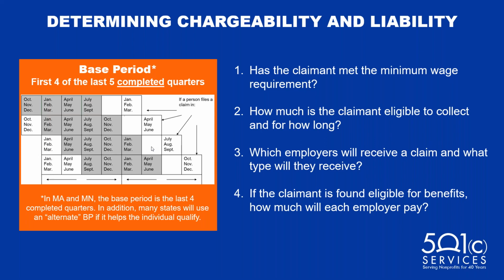It's going to tell them which employers will receive a claim and what type of claim they'll receive. And if the claimant is found eligible, it's going to tell the state how much each employer has to pay.